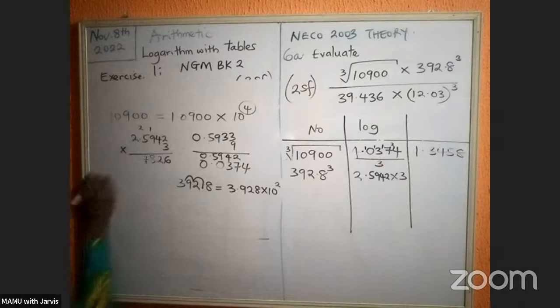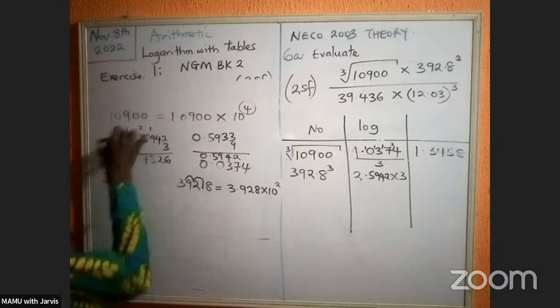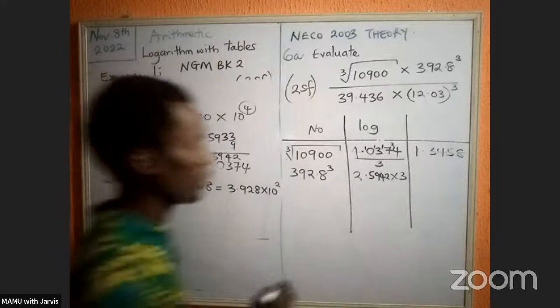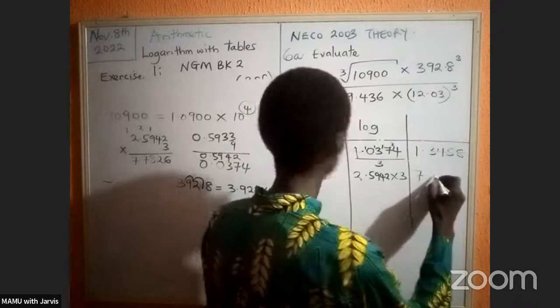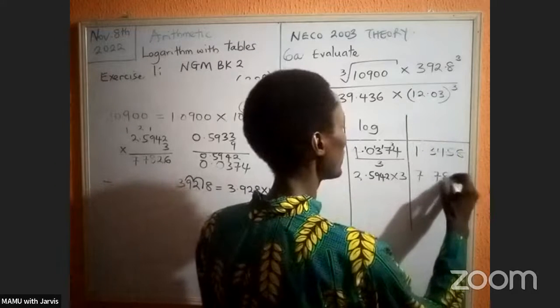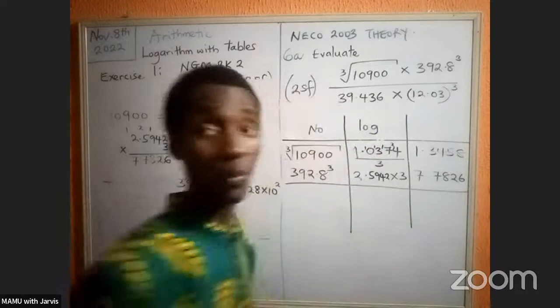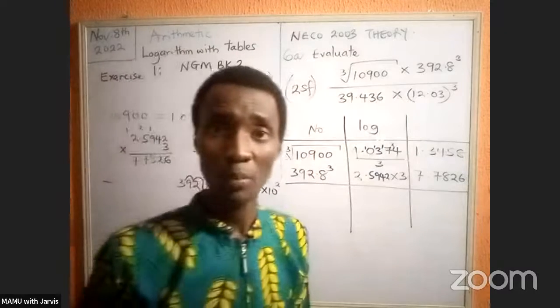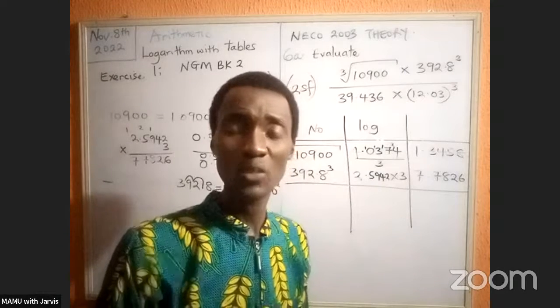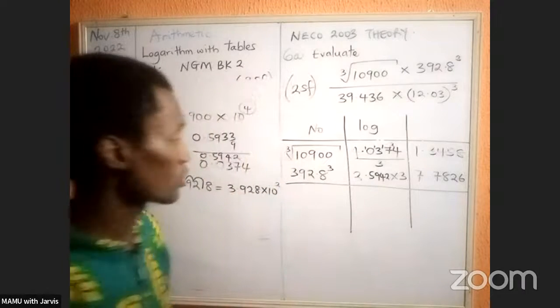That will give me 17, carry of 1. Plus 1, 7. So I'm going to have here 7.7826. Now, I want you to try this. It's possible that because of my working, I've made some errors. But like I always say, if you can spot my errors, it means you have understood the topic.